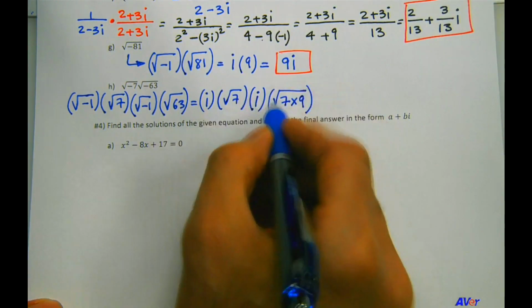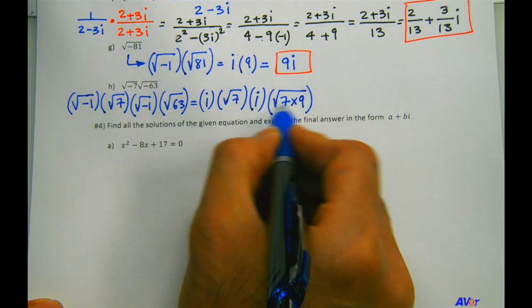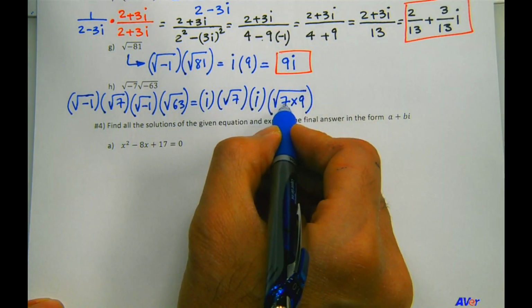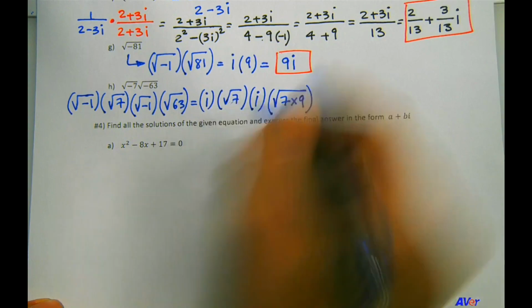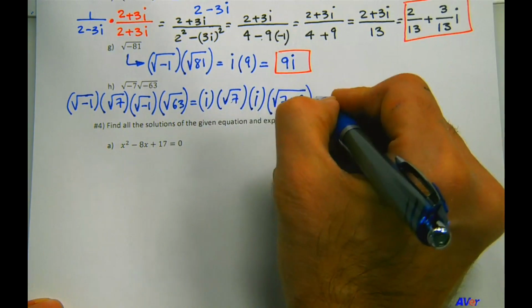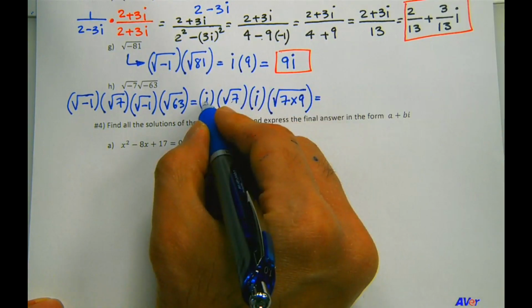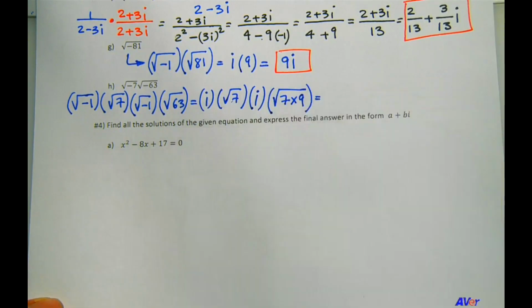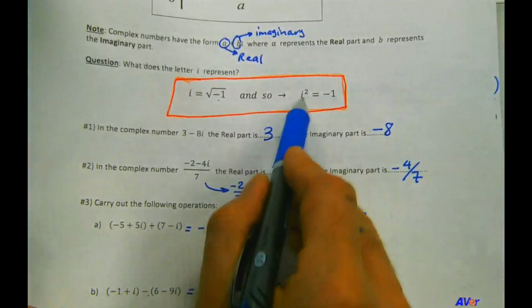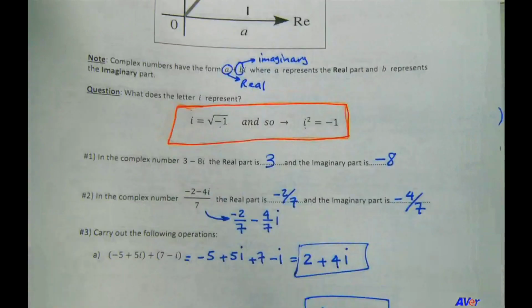Right? Square root of 63 can be written as square root of 7 times 9. So we can separate these, so this square root of 7 can multiply itself by that. Okay? So we can write this as, i times i is negative 1, because it's i squared, right? I times i is i squared, and i squared is equal to negative 1.